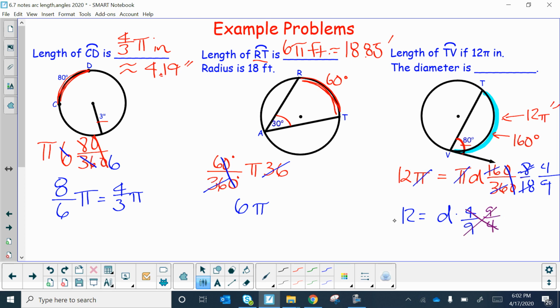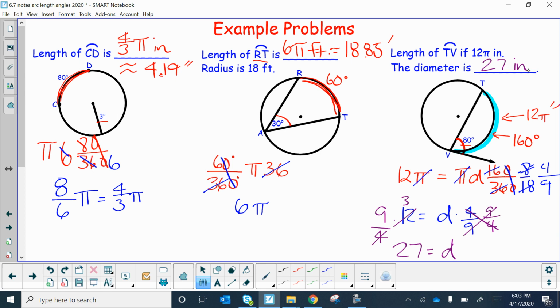Whatever you do to one side, you must do to the other. So if I multiply by 9/4, then I need to do that to the other end. You'll notice 4 cancels out with 12 because it goes into it 3 times. So 27 is the length of the diameter. 27 inches.